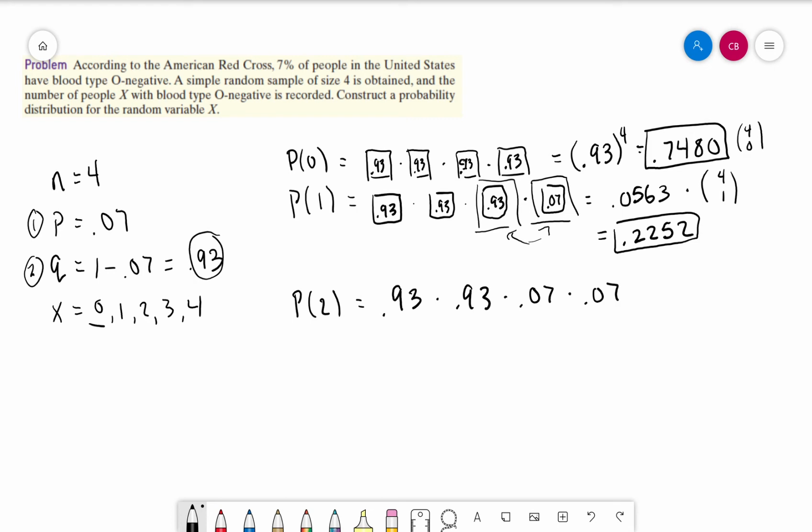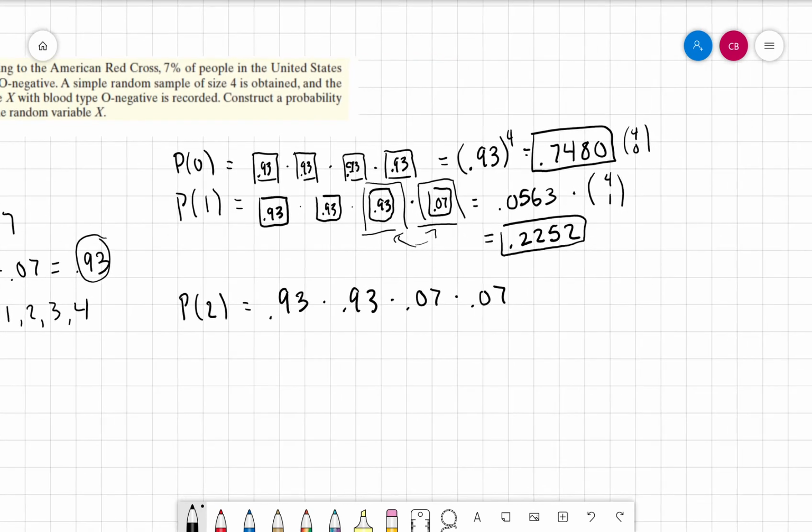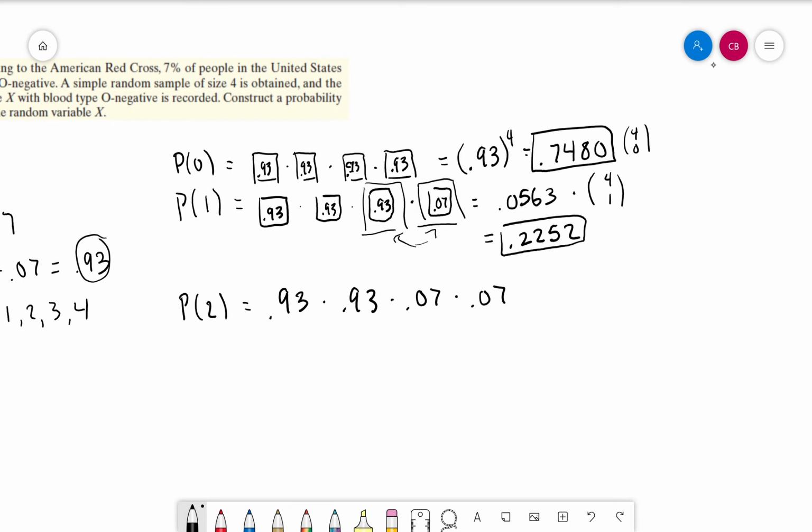Don't forget we have to account for the fact that you could put the 2 people here and here, here and here, and so on. So this turns into times 4 choose 2, which falls in line with the binomial theorem. That's where this all comes from.